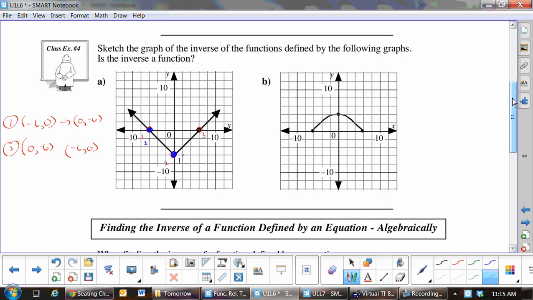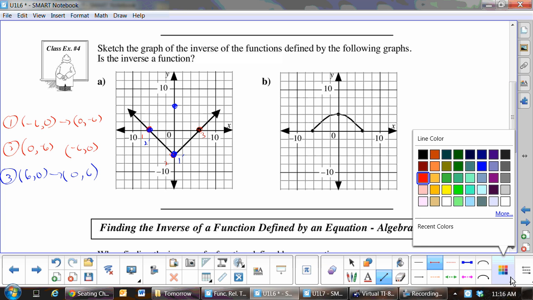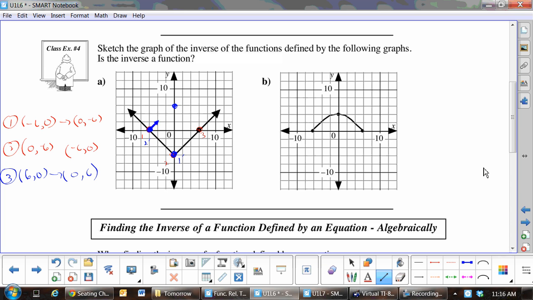And point 3, 6, 0 will become 0, 6. So the new point is up here. Therefore, my new graph will be like that.